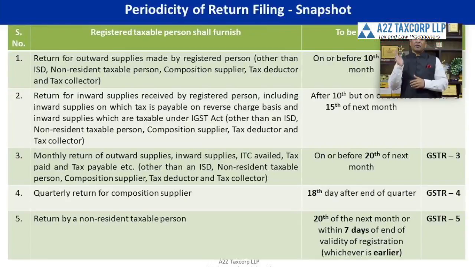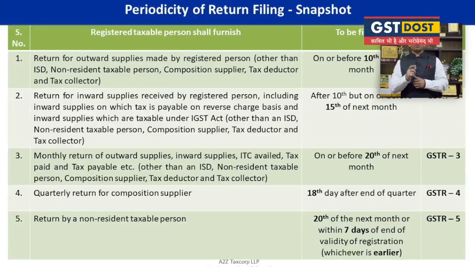If you are coming from outside India, let's say Germany, and taking registration in India for participating in a trade exhibition, then you have to take non-resident taxable person registration, and for that this return would be a must, which is to be filed by 20th of next month or within 7 days from the end of the registration certificate, whichever is earlier.